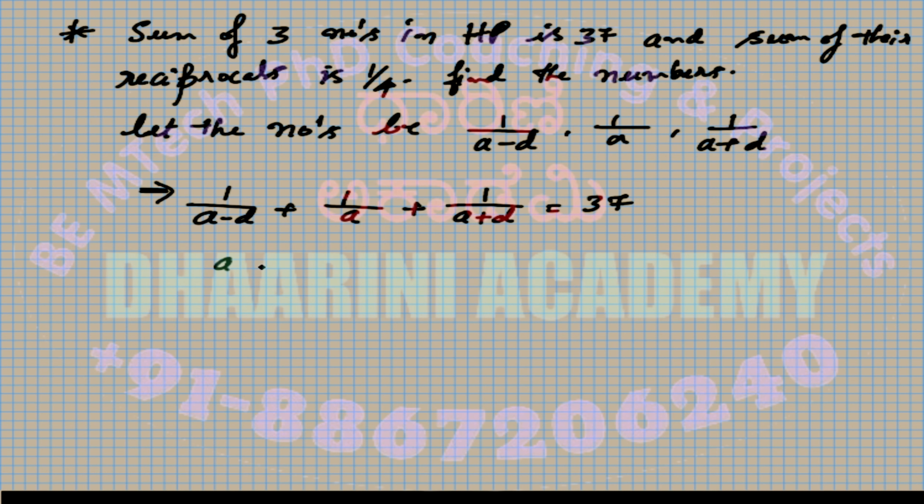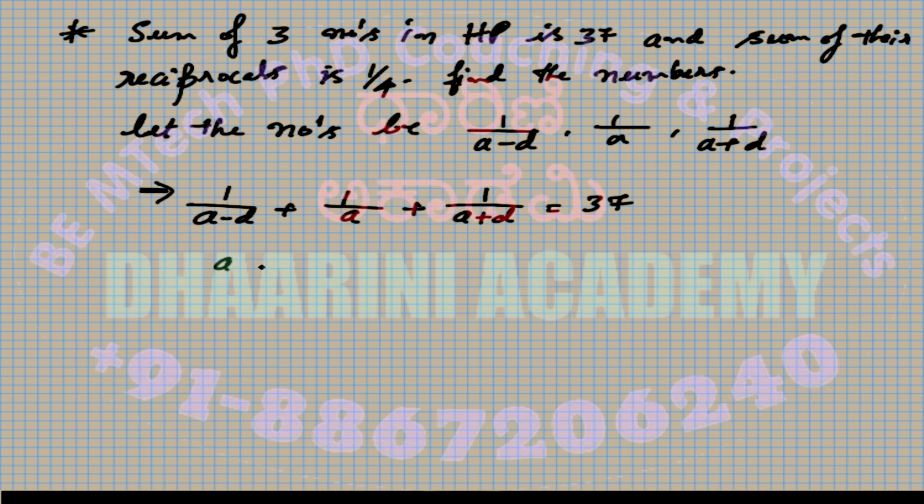Okay, this 12 can be taken to the other side, and this becomes 12 divided by 1 minus 12d plus 12 divided by 1 plus 12d is equal to 37 minus 12, 25. So let's take the common value.